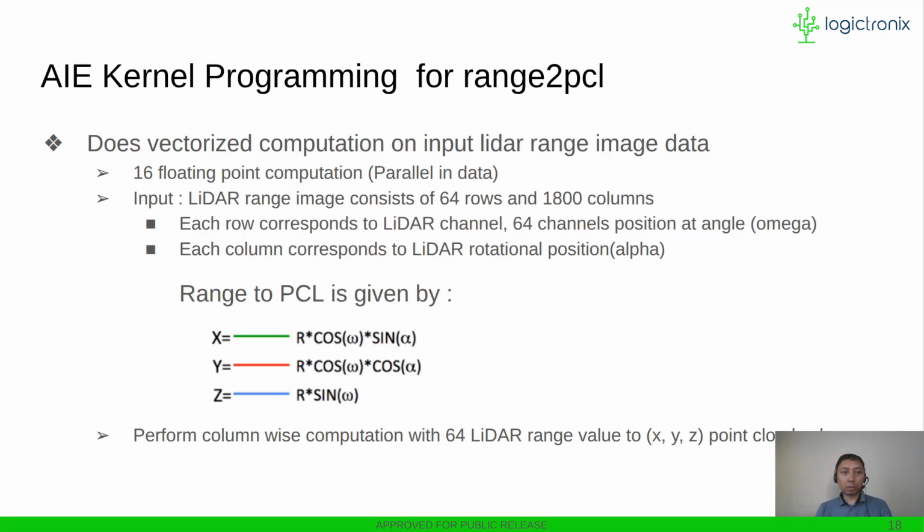Each AI engine kernel is doing 16 floating point computation, and the whole graph takes input LiDAR range image data consisting of 64 rows and 1800 columns.